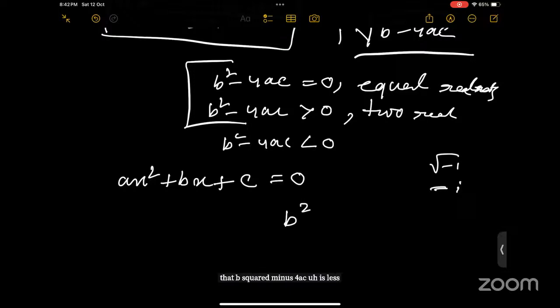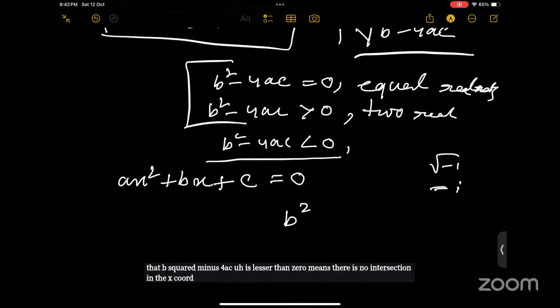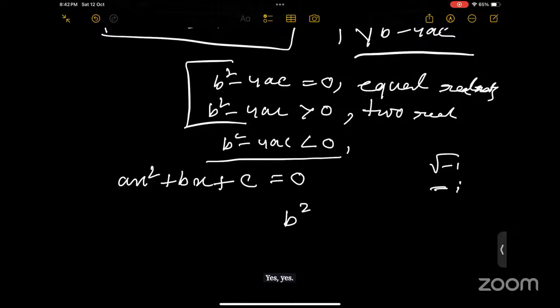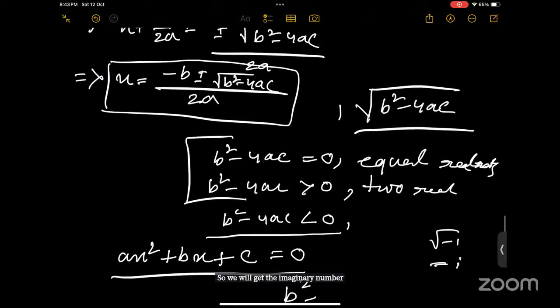That means there is no intersection with the x-axis, right? If this is less than 0, then we will get two roots and iota will be there in both cases.